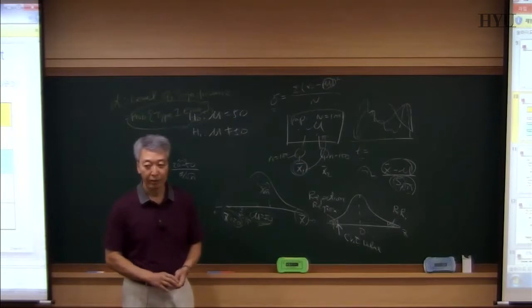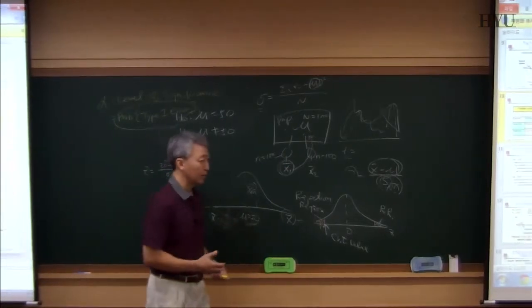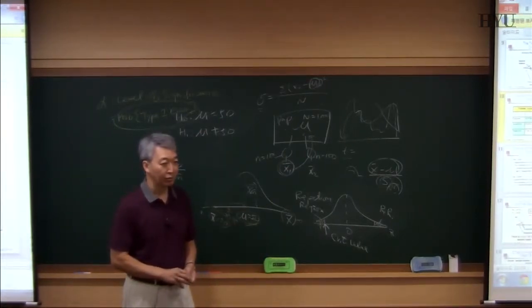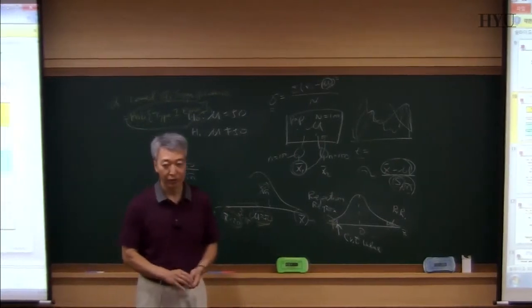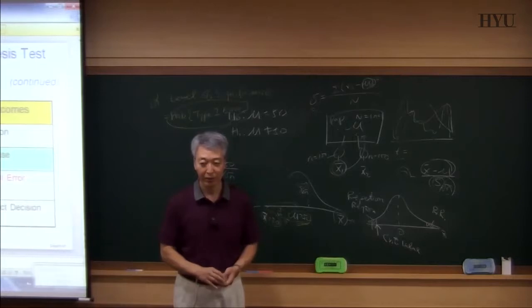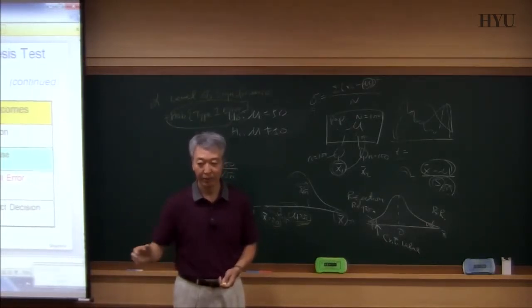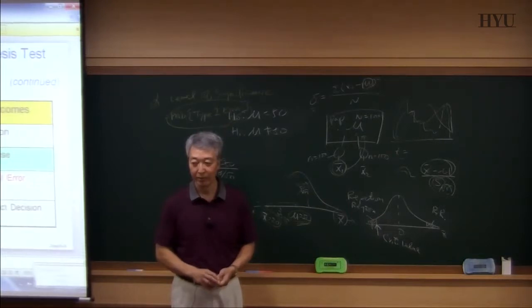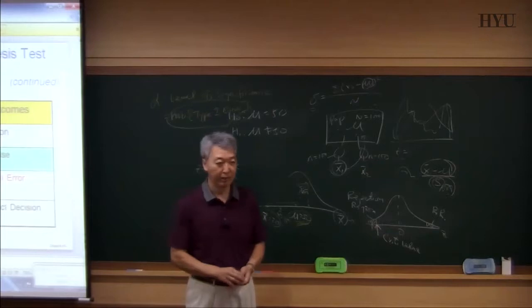So in other words, we are doing statistics just because we cannot do that, right? If you can use the entire population in your analysis, you don't need statistics. All you need is a calculator. Just add them up and divide by population size, and that will be 100% accurate, no error, right?